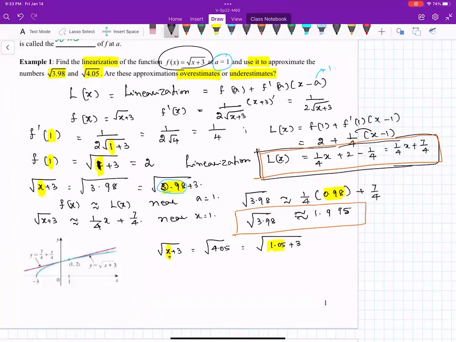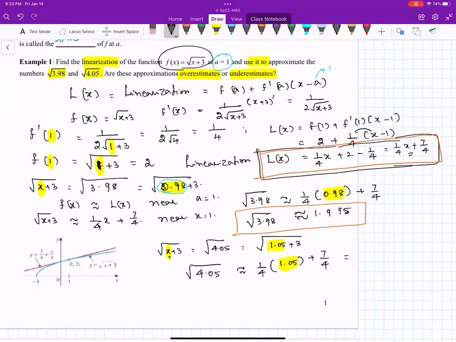So the value square root of 4.05 is approximately equal to 1/4. We are approximating it by the value on the tangent line. This value x would be 1.05 now. We are using this relation here, plus 7/4. So this x is 1.05.